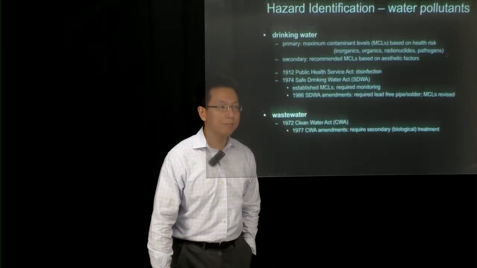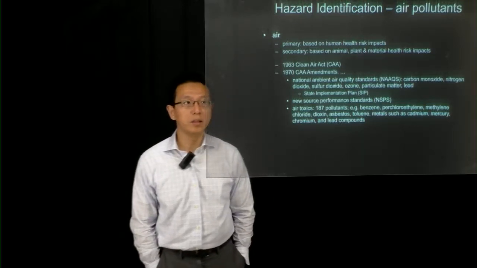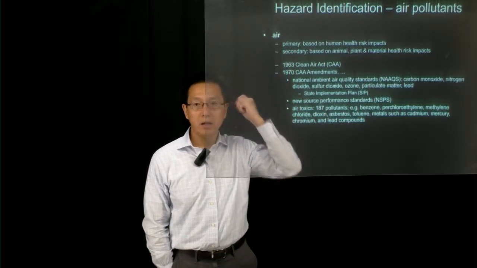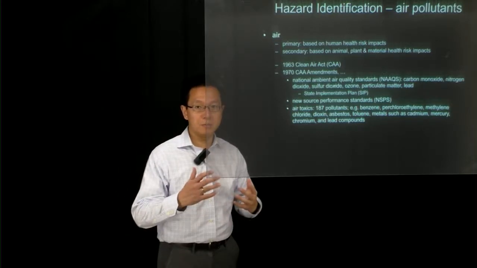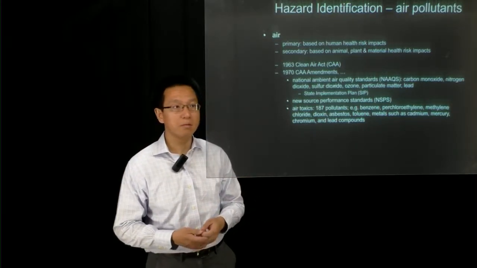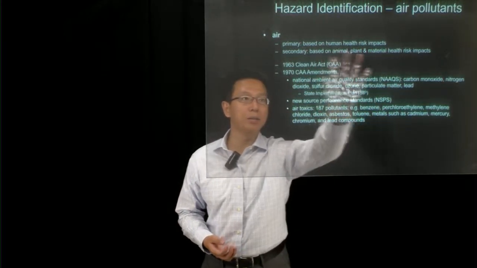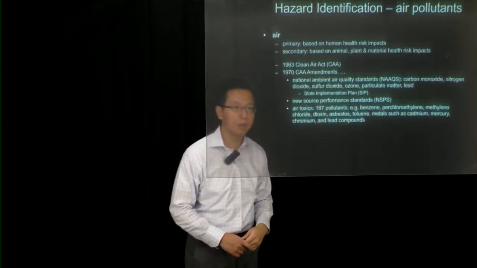But in air, we also mentioned the biggest one, the Clean Air Act, CAA, and a bunch of CAA amendments. It also has two standards, primary and secondary. The primary standard is trying to protect humans, and the secondary standard protects animals and environmental welfare.